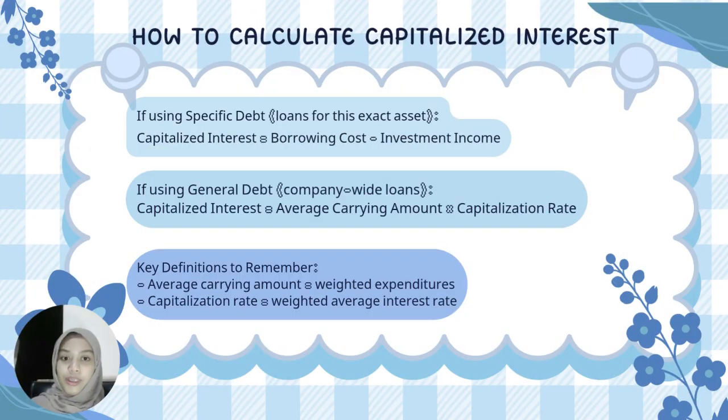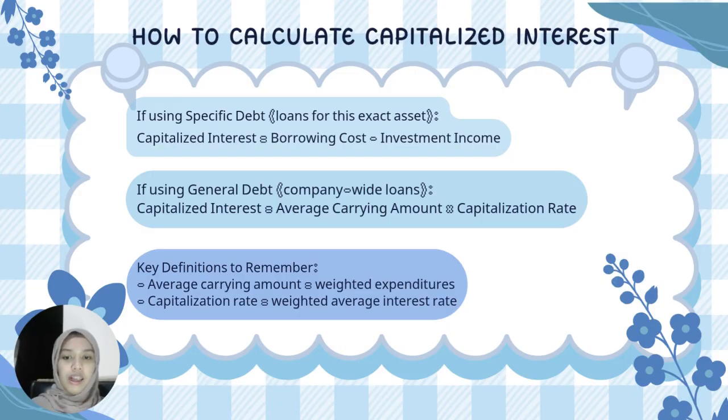Okay, so in slide 2, I will tell the most important slide. That is how to calculate capitalized interest. There are two kinds of methods. Which method you use depends on where the money comes from. The first one is specific debt. Specific debt means the company borrows money just for this one asset, a special loan.